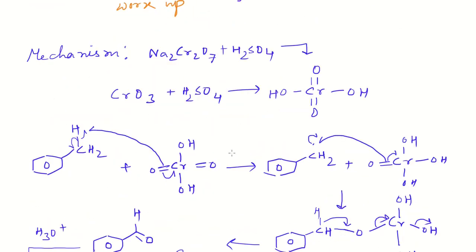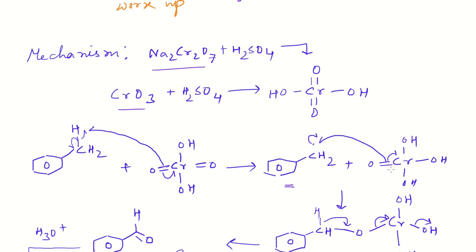Both sodium dichromate and chromium trioxide in the presence of sulfuric acid give us chromic acid, which is the main oxidant in this case. First, the hydrogen atom at the benzylic position will be abstracted via a radical reaction to produce this benzyl radical.